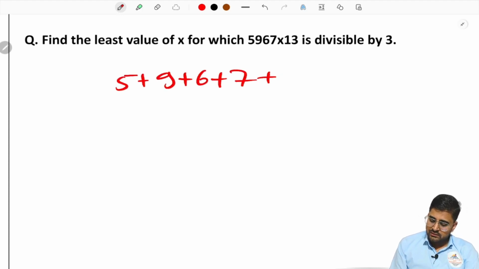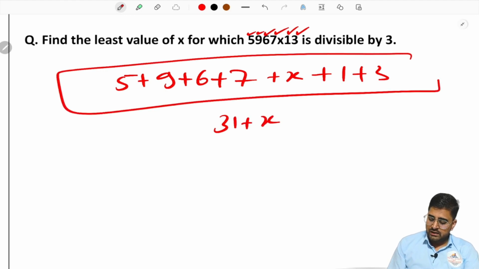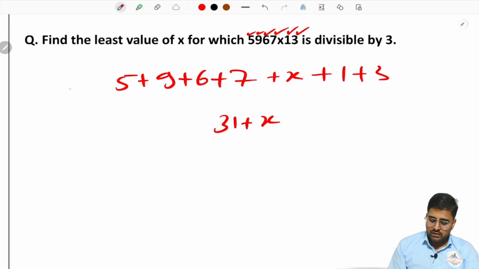So first thing first, let us add all of them. Are you going to write this in the examination? You need not write this, just add like 5 plus 9, it's 14, then 20, 27, 28, and then 28 plus 3, 31, means 31 plus x. No need to extend your steps, it's for your explanation only. So 31 plus x should be divisible by 3.